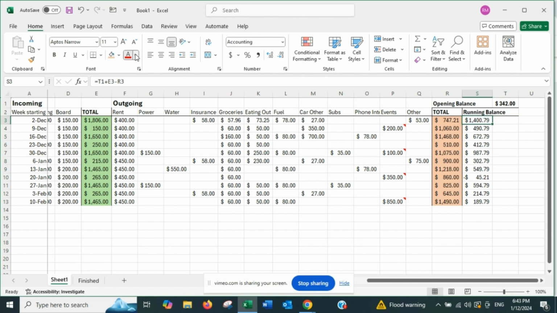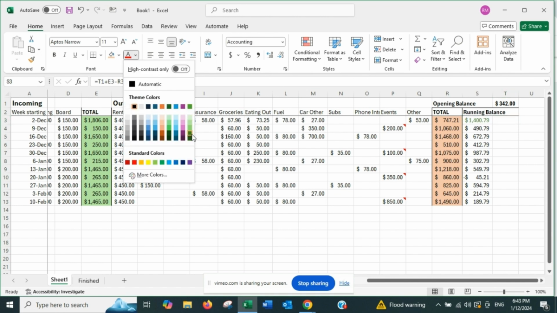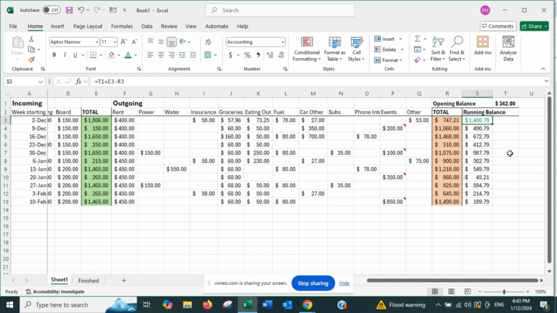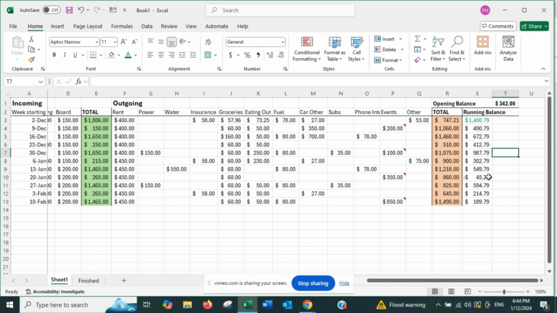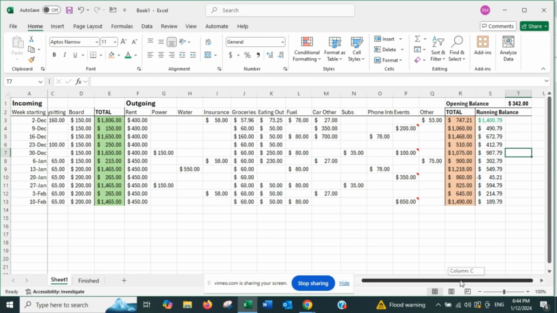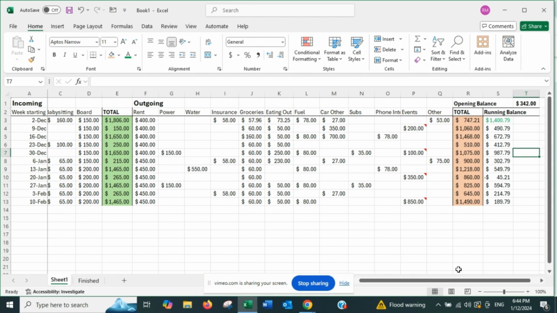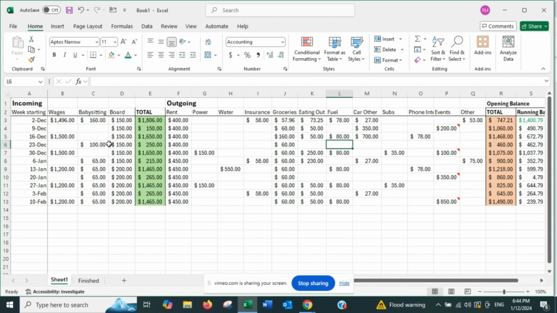So I've gone through, just adjusted those to a bit more of what actually happened, and then I've had a look here and you can actually match that off to your bank balance. So there's no reason why that shouldn't match what's in my bank right now if I've entered every cost and every incoming bit of money that week. So yeah, basically you could go through each week and do that.